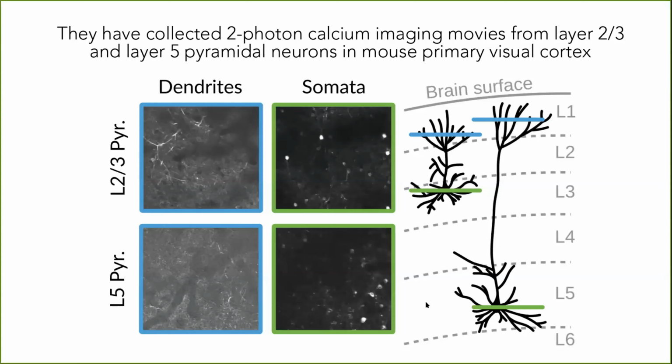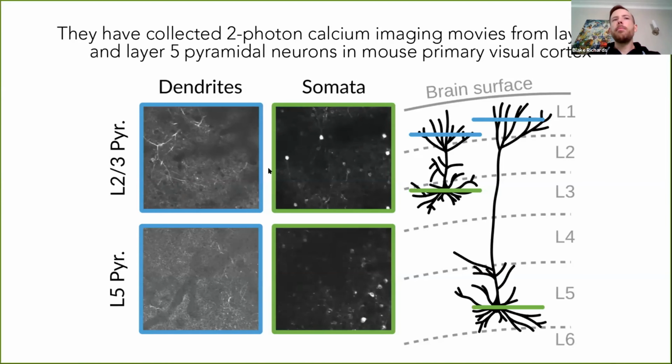Okay, so what did the Allen do for us? What was our proposal, basically? We asked them to collect 2-photon calcium imaging movies from both layer 2, 3, and layer 5 pyramidal neurons in mouse primary visual cortex. Because one of the nice things about doing this in mice is that we can genetically target those 2 cell types, the recordings were specifically just for layer 2, 3 cells or just for layer 5 cells.